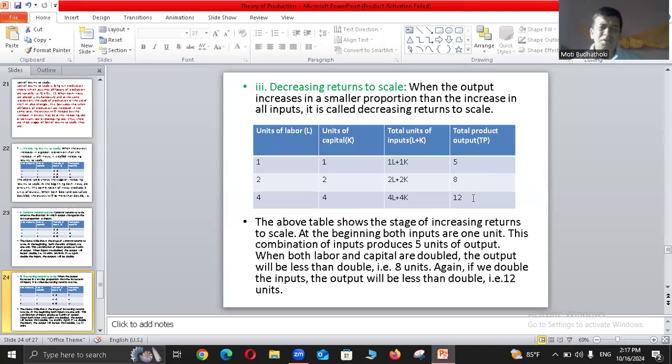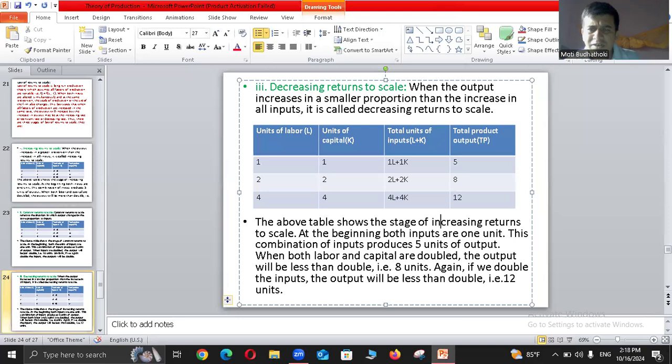units of output. And this table shows the stage of decreasing returns to scale. Here it is not increasing, here is the stage of decreasing returns to scale, because in the beginning, here is 5 units of output.